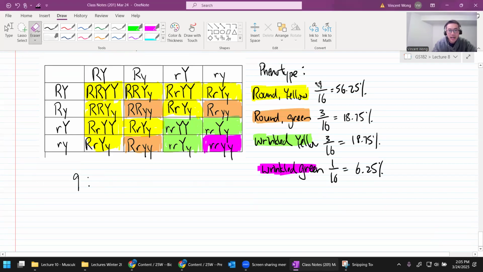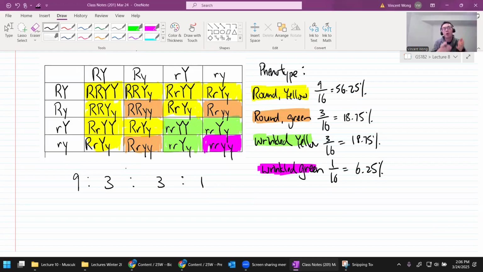It forms a 9 to 3 to 3 to 1 ratio. This ratio is always going to show up if both parents are heterozygous for both of the traits.